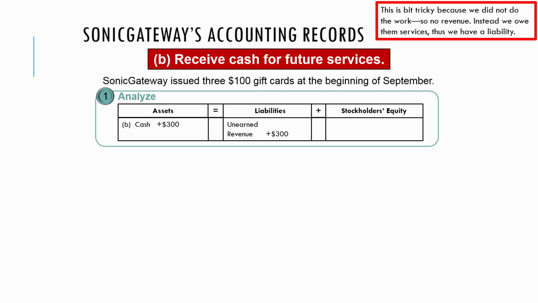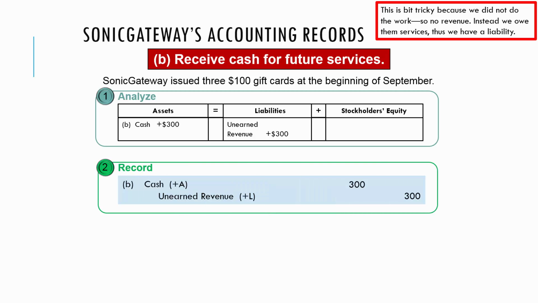They have not provided the services. Instead, they call it something called unearned revenue. Unearned revenue is not a revenue account. It is a liability account, and it represents something that, say, Amazon is going to have to provide in the future. Because when you come in, or your friend comes in that's received this gift card, they're going to use the gift card, and then will it be called revenue.